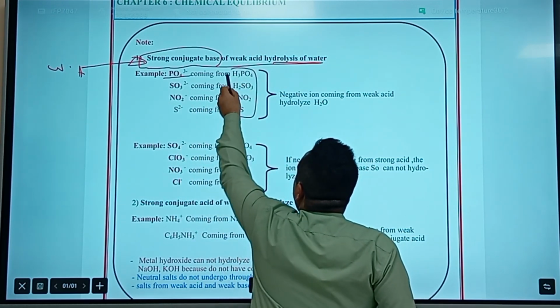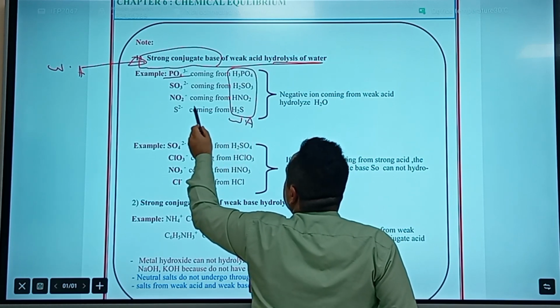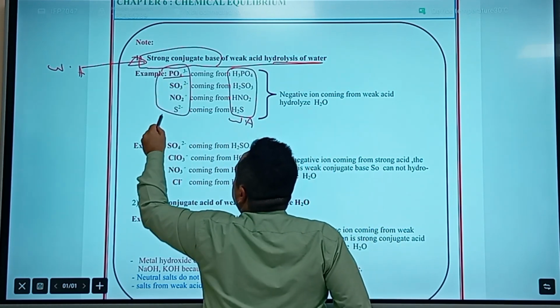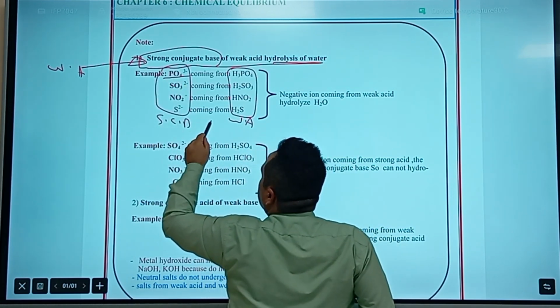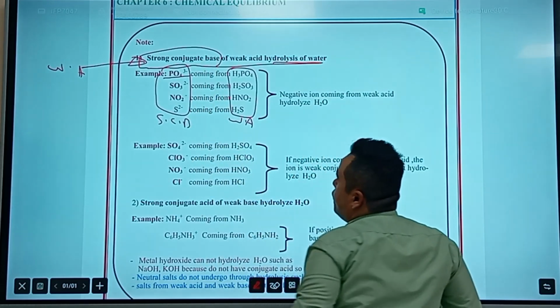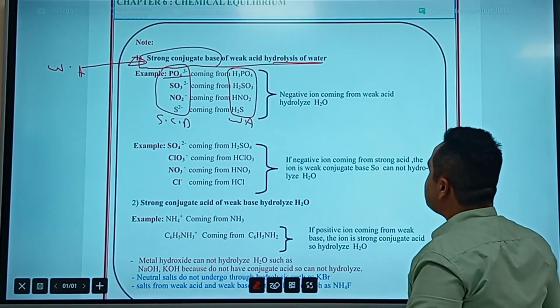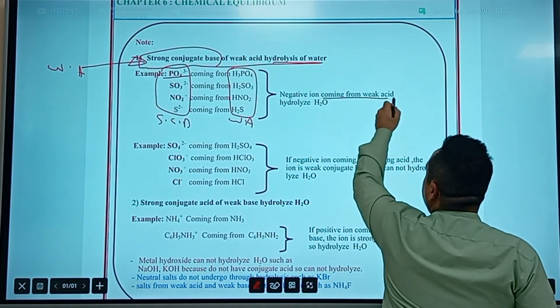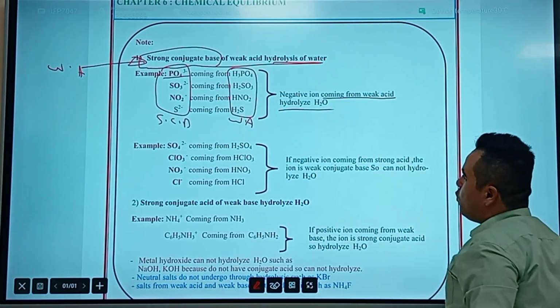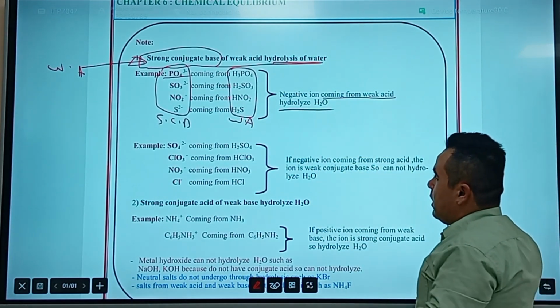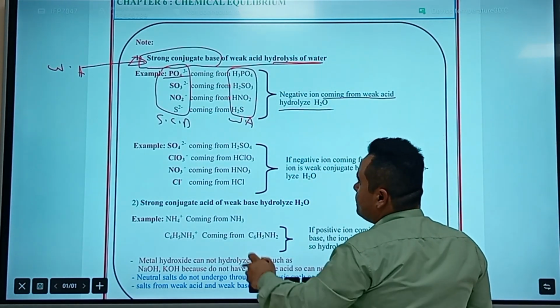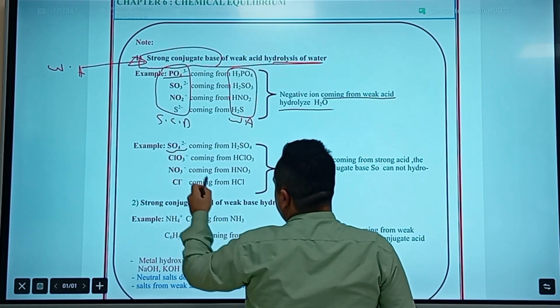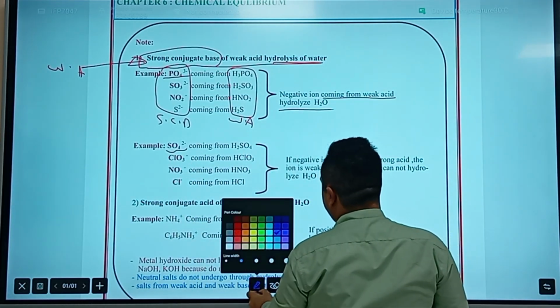These are all weak acids, and these are all strong conjugate bases. They can undergo anion hydrolysis. Negative ion coming from weak acid hydrolyzed with H2O. Another example, SO4 negative 2 with H2O.